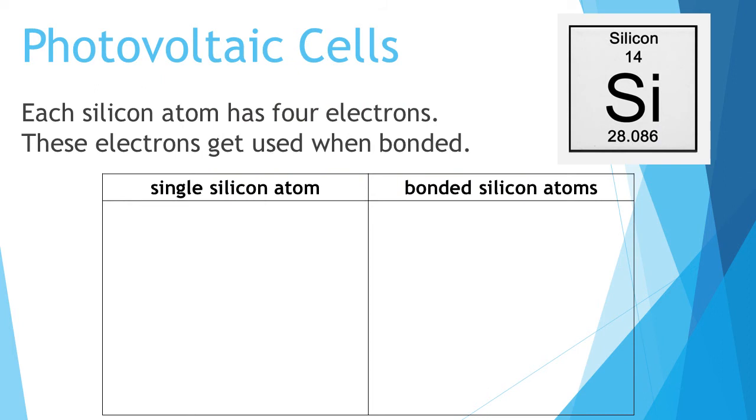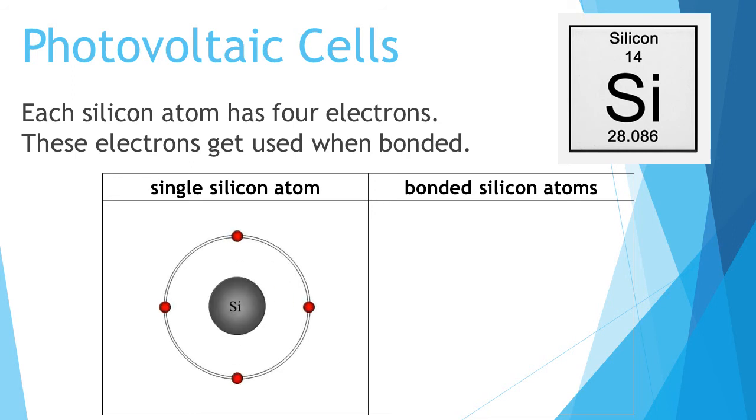Now, what I want you to understand before we finish up here, and more of this will be built upon next time, is that each silicon atom has 4 electrons. So it looks like this. You've got the silicon atom and 4 electrons around it. Now, when silicon atoms are bonded together, right, when they are attached together, these electrons get used.